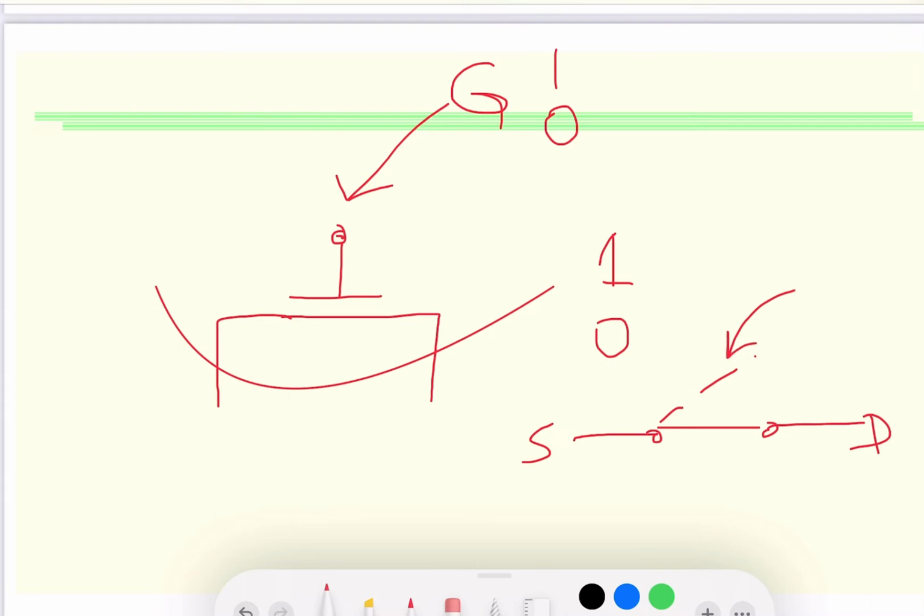When it is closed, there is a small resistance, what we call RDS, and we calculated what the RDS would be. And this gate voltage has to be more than the threshold voltage, and we call it overdrive.